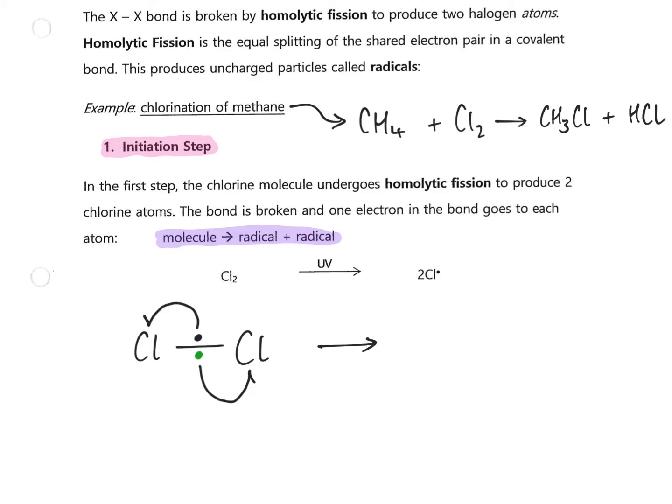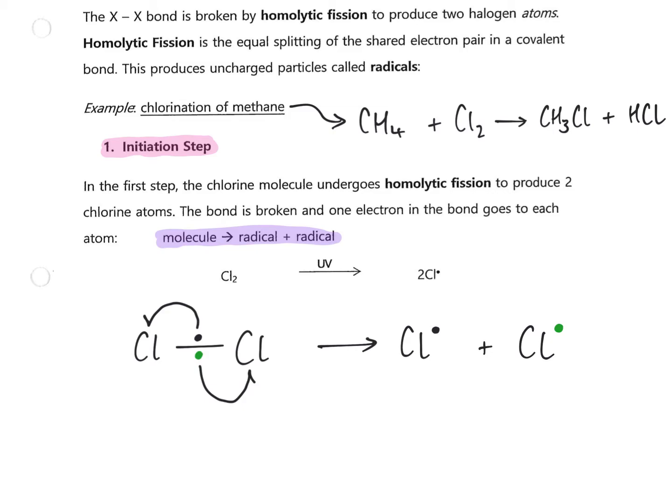So what does that produce? Well, we have a chlorine atom with what we represented with the black dot, that electron. So that's a chlorine atom with an unpaired electron, which makes it a radical. And the other chlorine atom escapes with the green electron. Now, obviously, electrons aren't coloured in real life, but it's just to show the movement of the two different electrons.